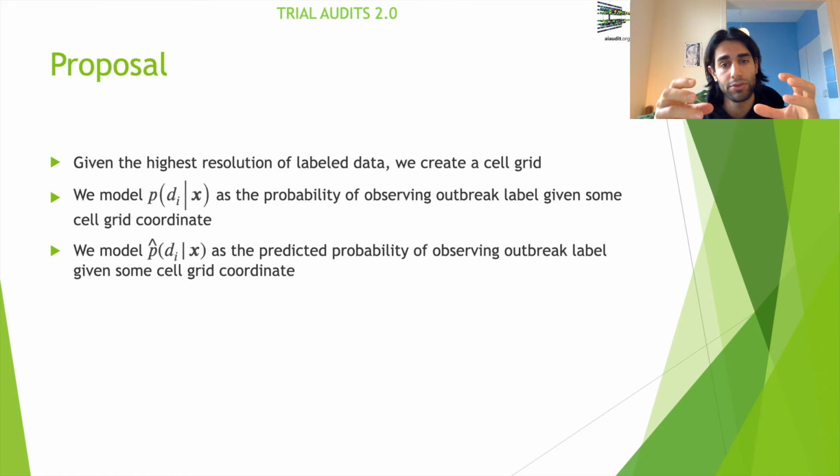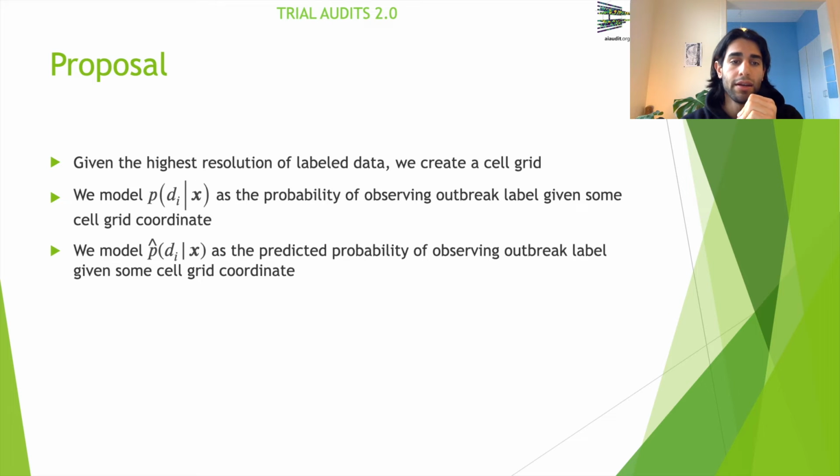You will later see a picture of that grid, but the intuition behind it is that for each cell we model the probability of seeing an outbreak, and then we take an algorithm that is supposed to tell us the probability of seeing the outbreak given that same cell, and then we compare both probabilities.